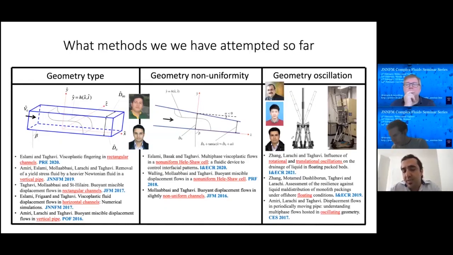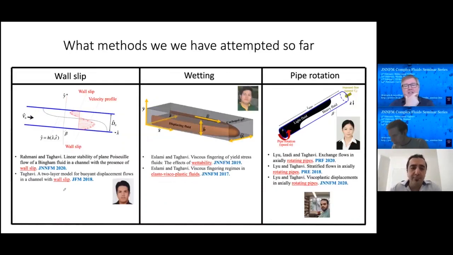Using this hexapod robot, it's even possible to make the flow geometry dance, as you can see in this short animation. We have also tested inducing wall slip on the flow geometry in my work with my PhD student Hossein Rahmani. Ali and I have looked at the effect of wetting on how it improves the displacement efficiency, and these are published in a few papers.